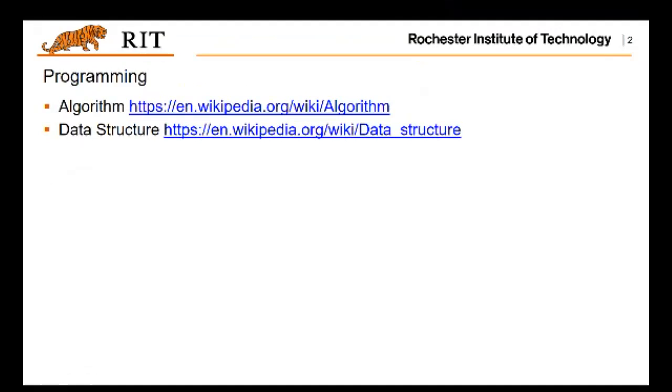So that is an algorithm. And data structure is another aspect. Basically, that is a set of tools you can use when you solve problems using the algorithm. So list is one of the important data structures.